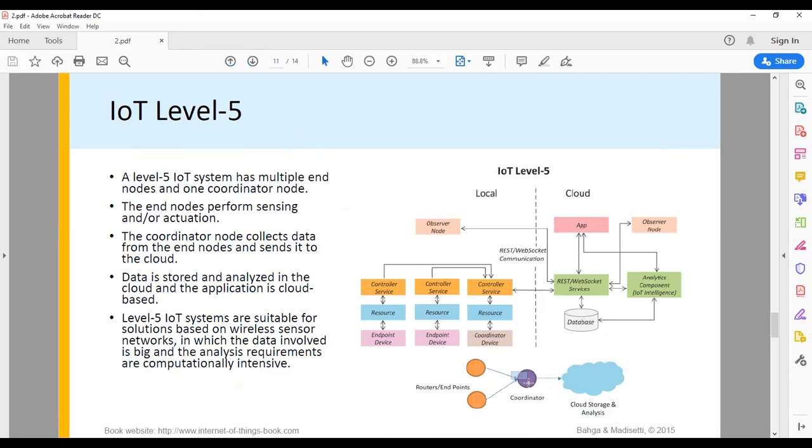It coordinates between the cloud data storage and the multiple nodes. Communication is the same, there is an observer node, the same logical structure as level 4, the only addition is this coordinator node. The coordinator node is added, and it is computationally intensive.